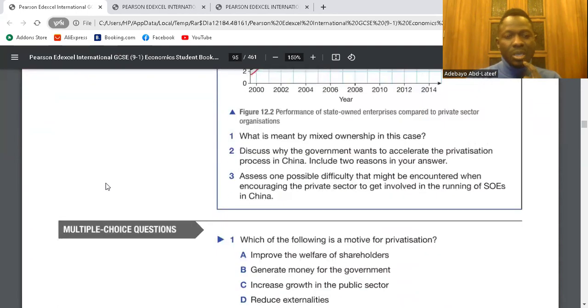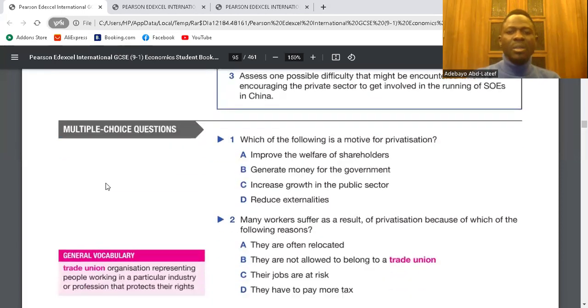That's a case study. Now the multiple choice question. Which of the following is the motive for privatization? The reason for privatization.